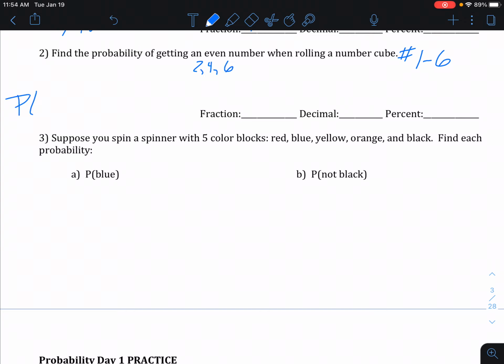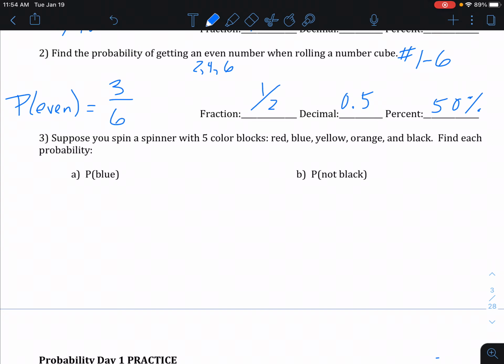So we would say the probability of getting an even would be those 3 numbers out of 6 numbers total, 6 sides total. So the fraction, reduce that to 1/2. 1/2 is a decimal of 0.5 or 0.50, and the percent would be 50%. It's half, 50%. Just please don't accidentally put 5%. Make sure you are rounding very, very carefully.